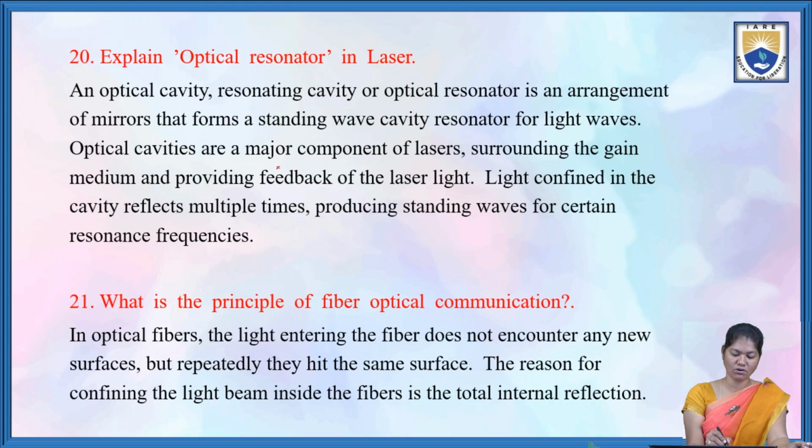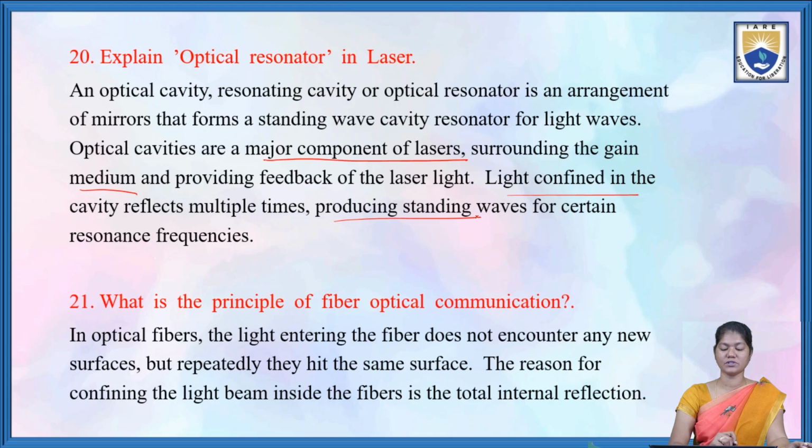Optical cavities are major components of lasers, surrounding the gain medium and providing feedback of the laser light. Light confined in the cavity reflects multiple times, producing standing waves for certain resonance frequencies.